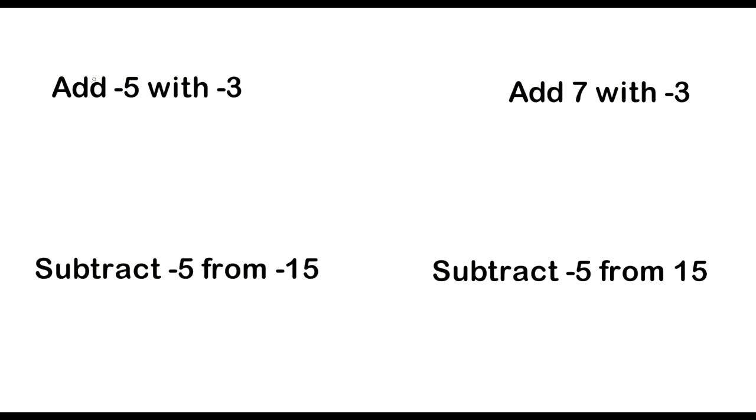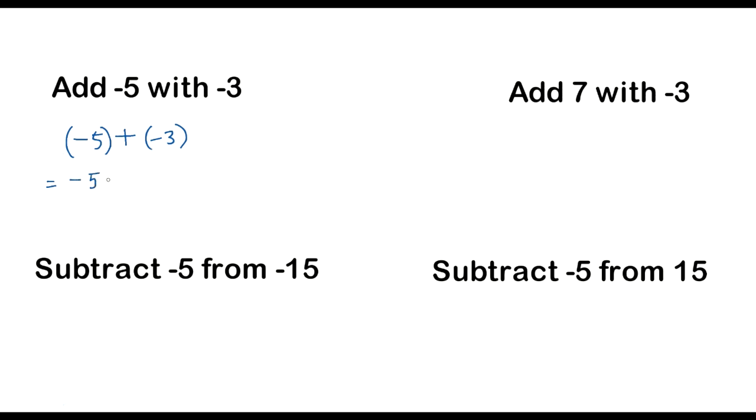Here we have addition, add negative 5 with negative 3. That means we are going to add here negative 5 with negative 3. Now before negative 5 there is no sign, that means there is a positive, and positive negative, if you multiply you will get a negative sign, and 5 is here.